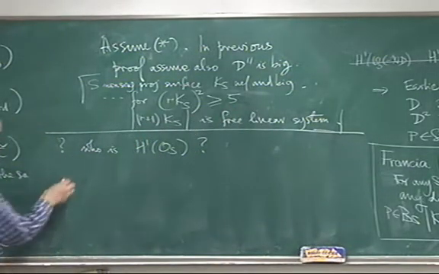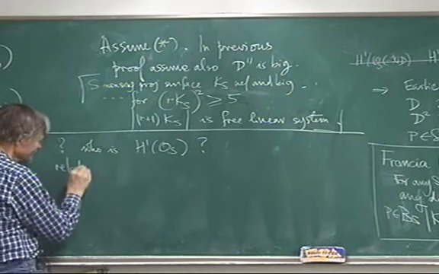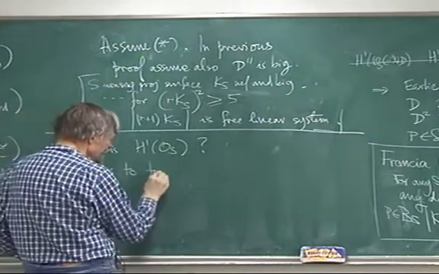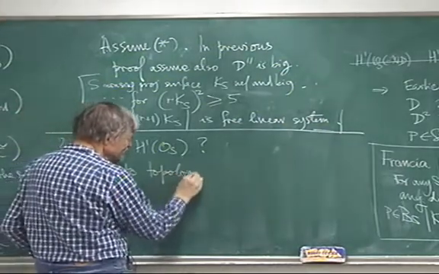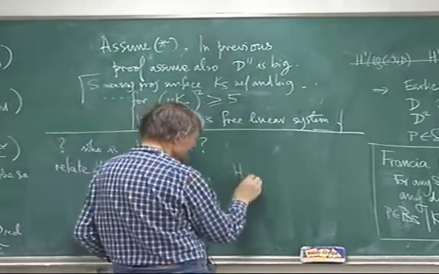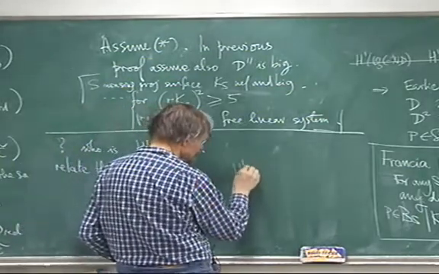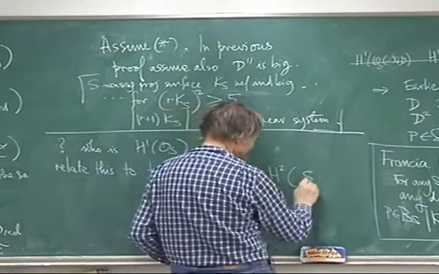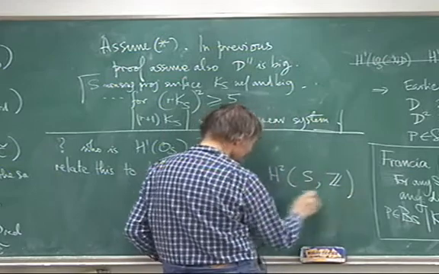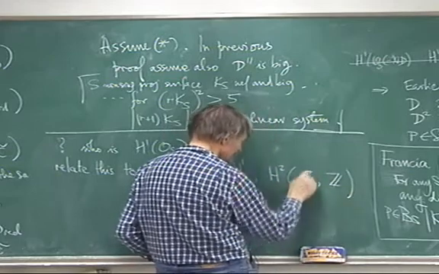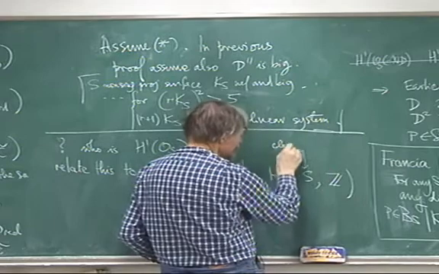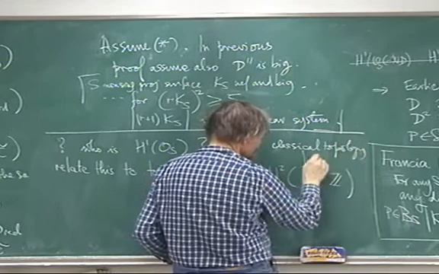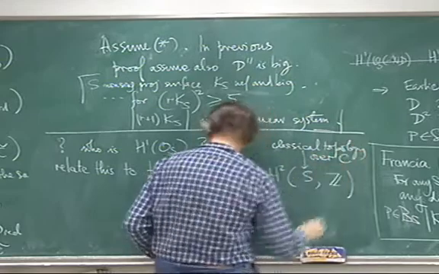And so we're going to relate this to topology, the Betti cohomologies, H1, H2 of S, Z. This is the classical topology over C.